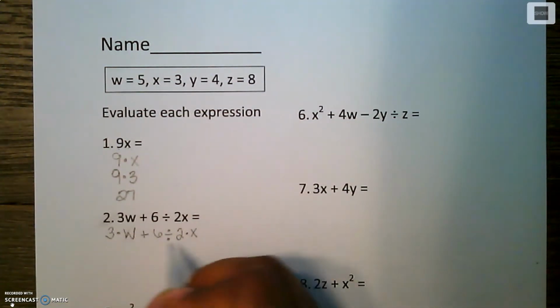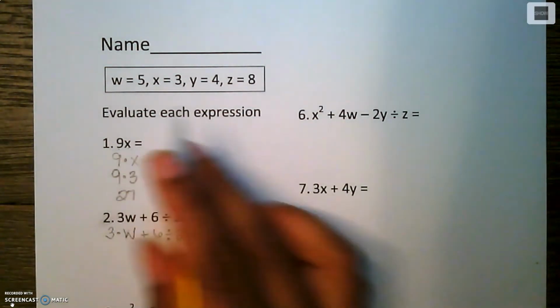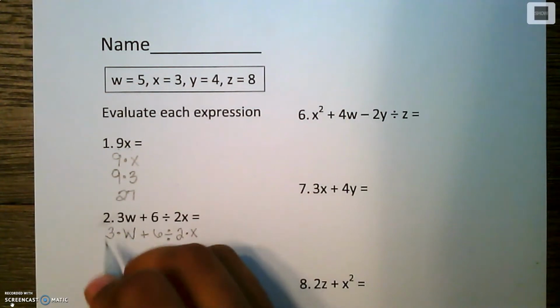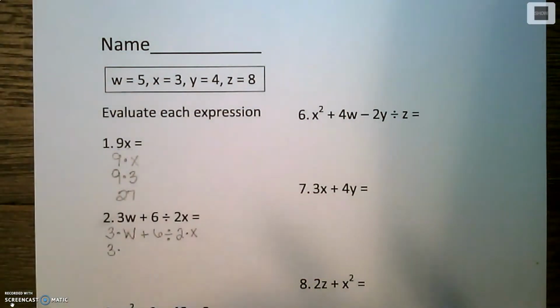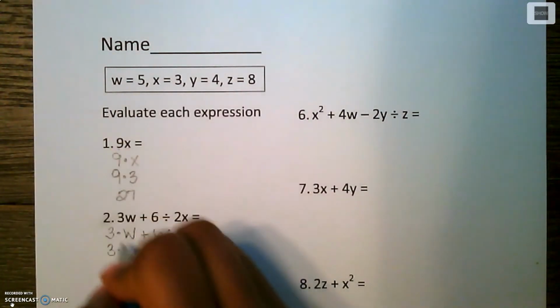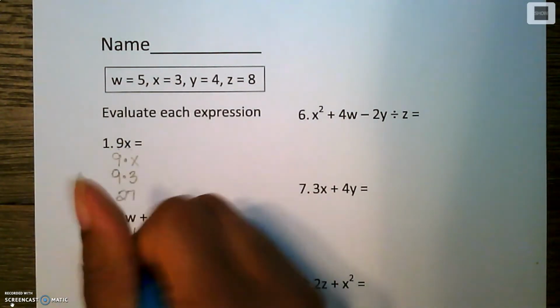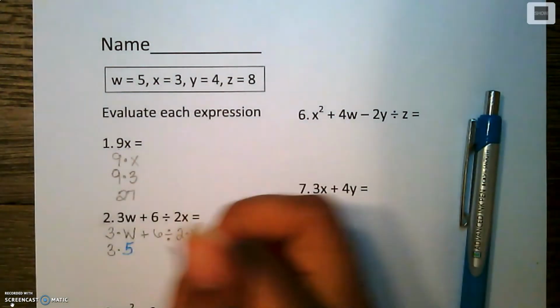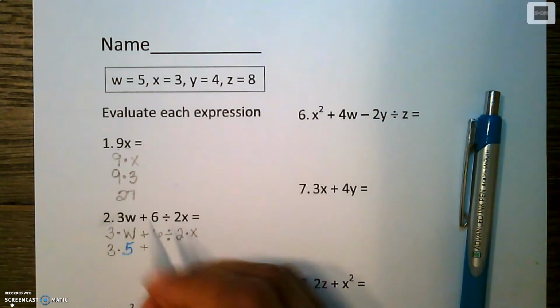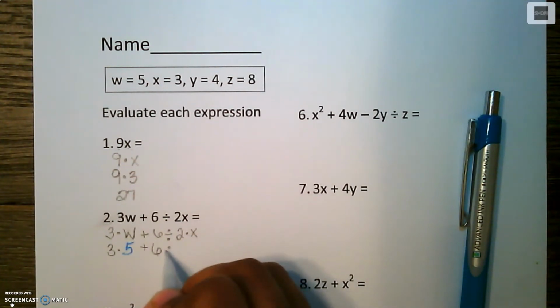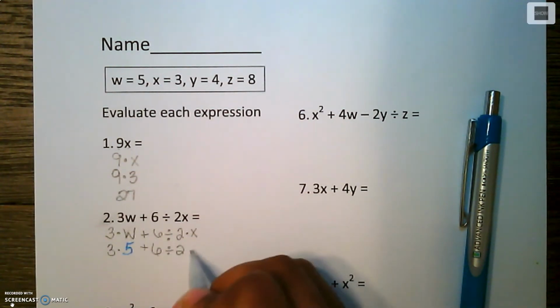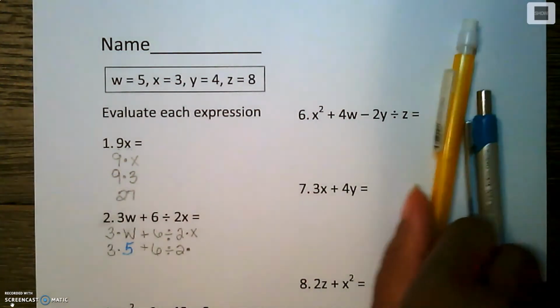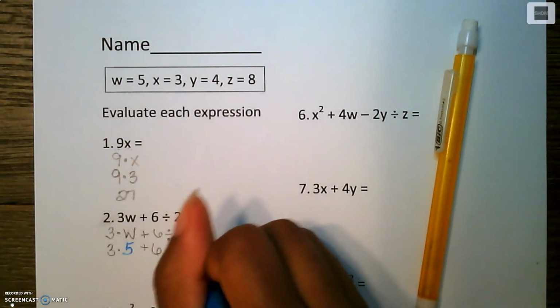Now I'm going to replace my variables with the numbers. So I have 3 times w is 5, plus 6 divided by 2 times x equals 3.